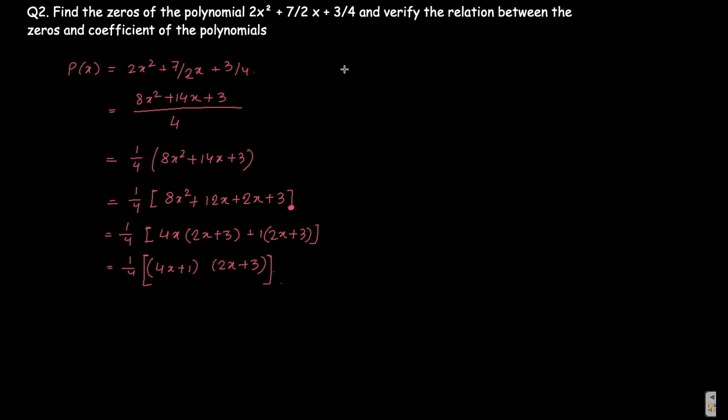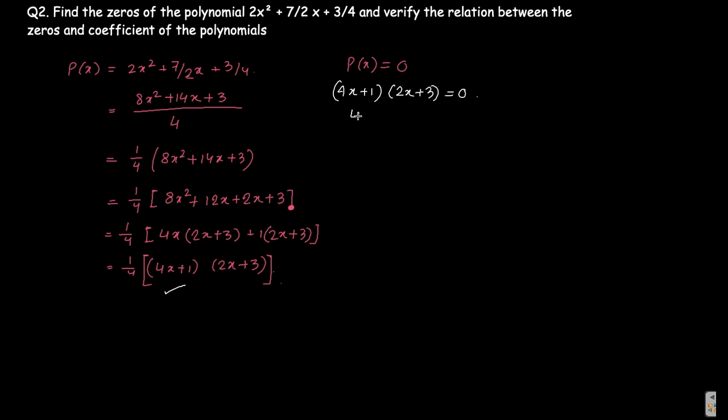Now we have to make p(x) zero, because we have to find the zeros of the polynomial. So it means (4x + 1)(2x + 3) becomes 0.